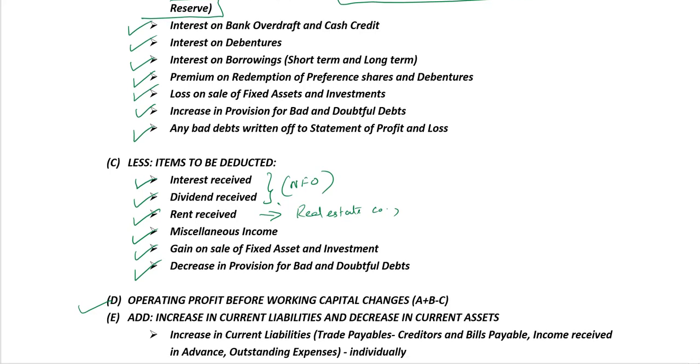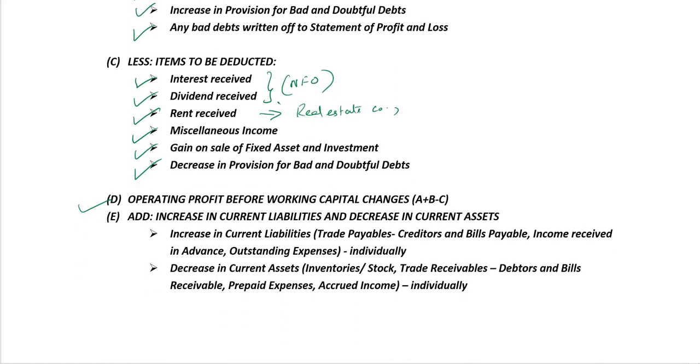Now, to this answer, we need to add any increase in current liabilities and decrease in current assets. So where there is an increase in the current liabilities and decrease in current assets, such increase in current liabilities and decrease in current assets needs to be added. We'll revise the different current liabilities and the different current assets.